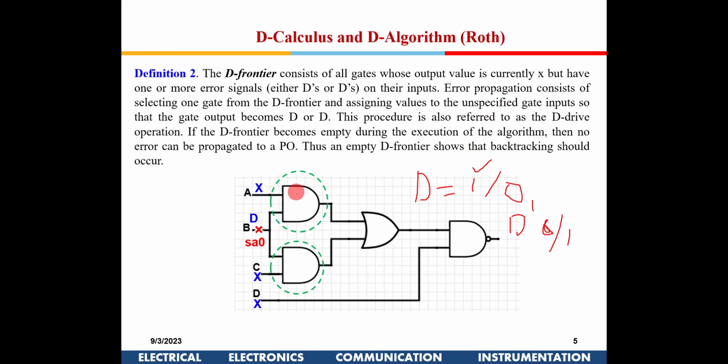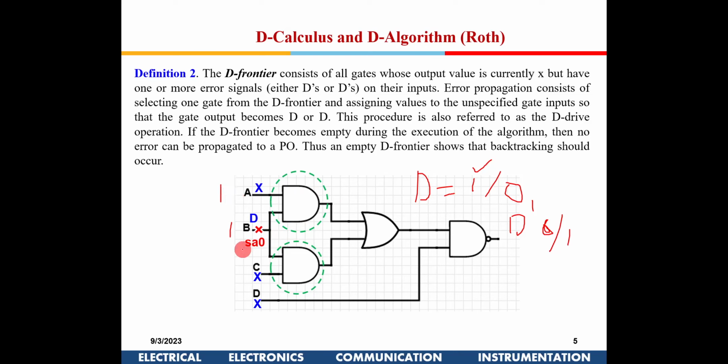Now suppose initially everything is assigned X, and from the fault list I pick up one fault. So this is a stuck-at-0 fault. For this stuck-at-0 fault, what is the input which is to be given? I'll have to give 1 here. So if I give 1 here, and then if I have to propagate this, I'll put say 1 1 here.